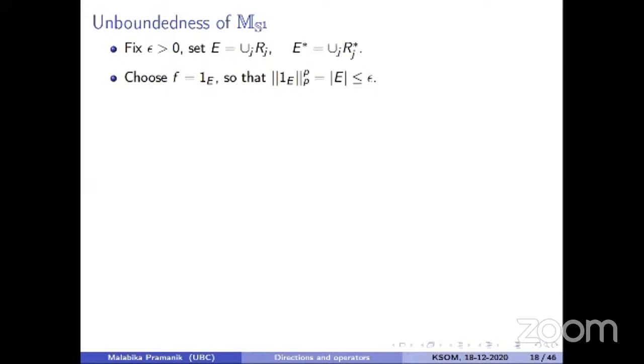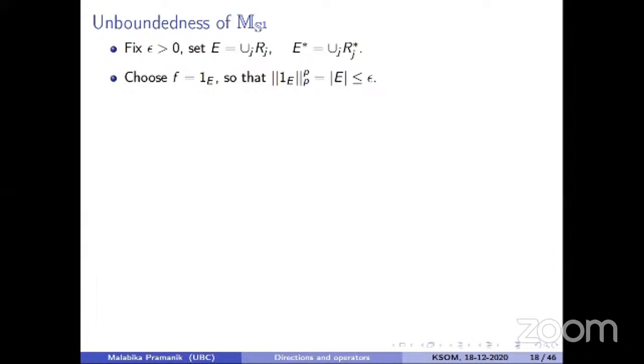So to that end, let's fix a positive epsilon, arbitrarily small, and let capital E, given by the union of the rectangles Rj, denote the Kakeya-Besicovitch set of measure less than epsilon. The test function of our choice is the characteristic function of E. This means that the LP norm of f raised to the power of p is just the measure of E, which is less than epsilon by construction.